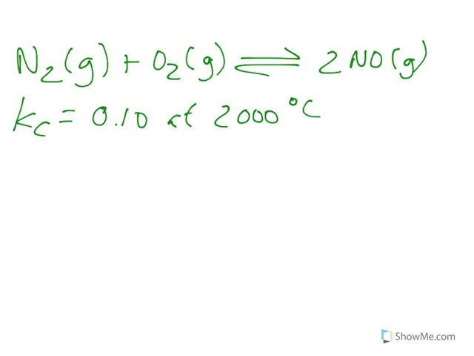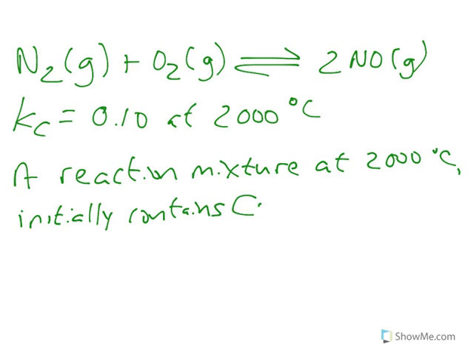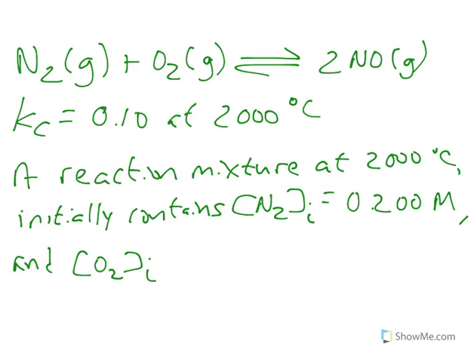And then they're going to give us a little bit of a paragraph here, and it says a reaction mixture at 2000 C initially contains a concentration of N2, so N2 initial at 0.2 molar, and a concentration of oxygen initially at 0.2 molar.